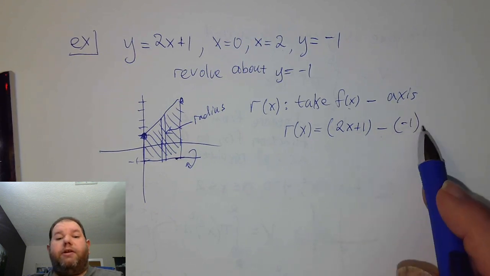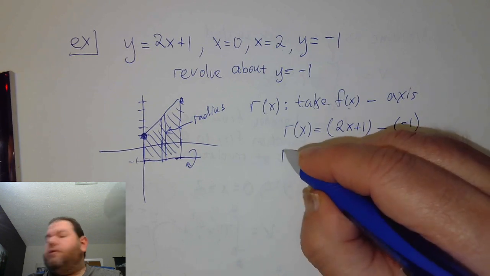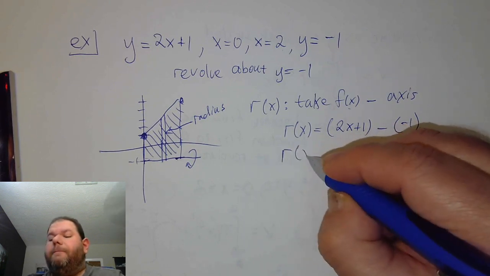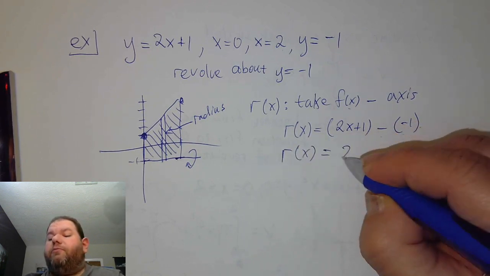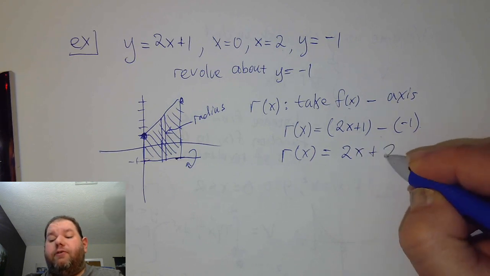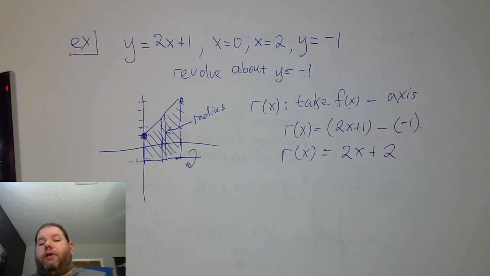So we're actually subtracting a negative 1 here, which means we end up with 2x plus 2 when we simplify everything together. So now that gives us our radius function.